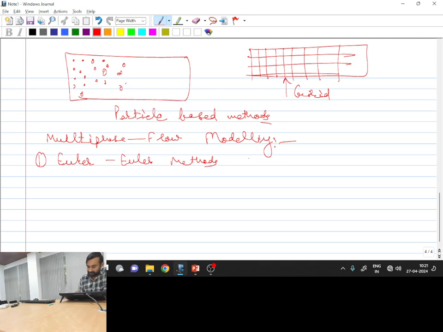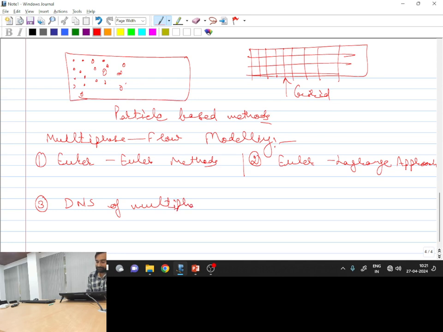Second is the Euler-Lagrange approach. And third is DNS of multi-phase flow. So these are the three popular methods.